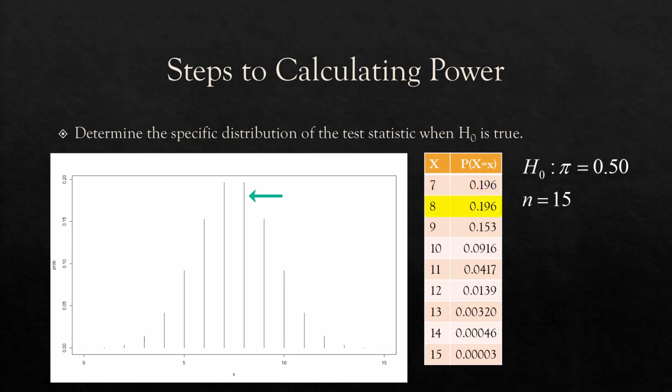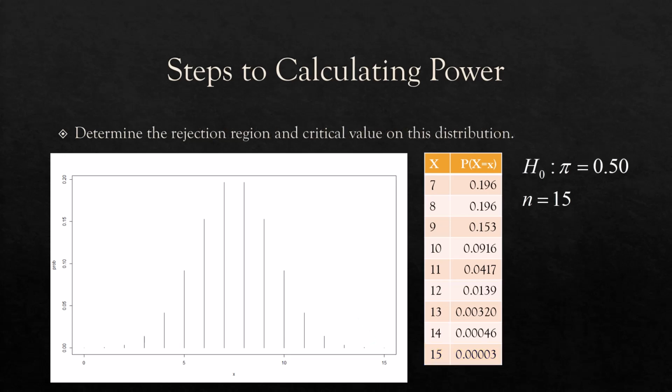The same is true for the value of 8, all the way down to a value of 15, in which the probability of observing 15 successes, if indeed the probability of success is 0.5, is only 0.00003 if we're making 15 observations.